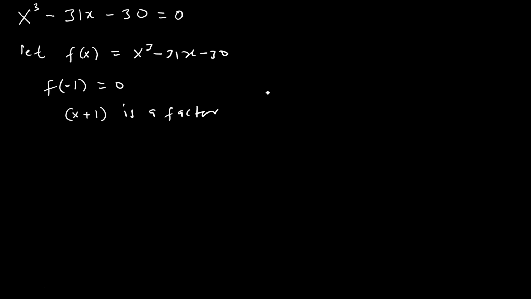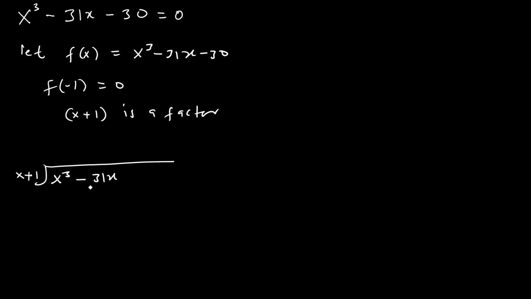So we go through the division process. All right, so let's divide x cubed minus 31x minus 30 by x plus 1. The idea is to get the other factors. So let's arrange it. x cubed, minus 31x.